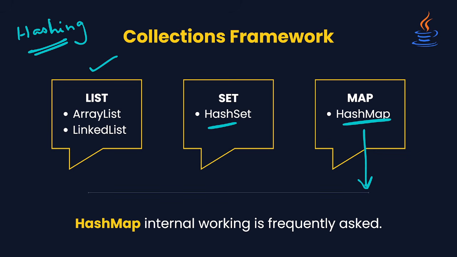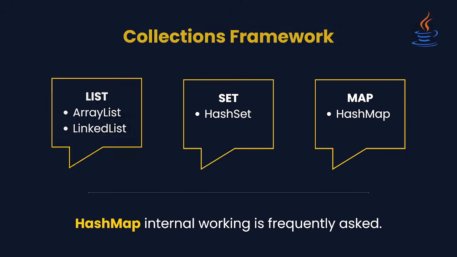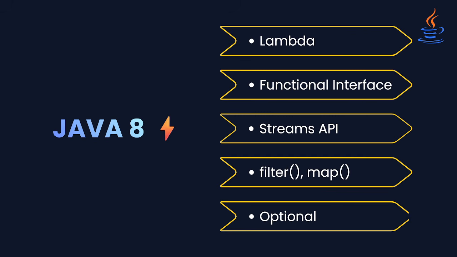After collections, now comes Java 8, and honestly this is non-negotiable. Modern backend interviews expect knowledge of Java 8, especially lambda expressions and Stream APIs. At least practice writing simple filter and map examples.